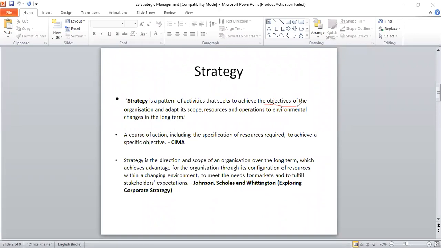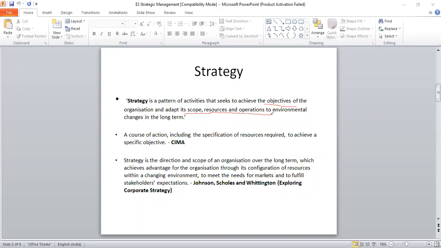So for the achievement of the goals and objectives, what would it take up? What course of action would it take up to understand the scope, resources, and operations too? And then it also talks about whether it has an impact on the environmental changes in the long run. So theoretically, in simple terms, what is strategy?